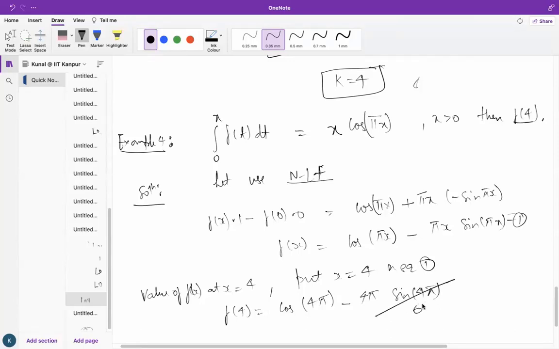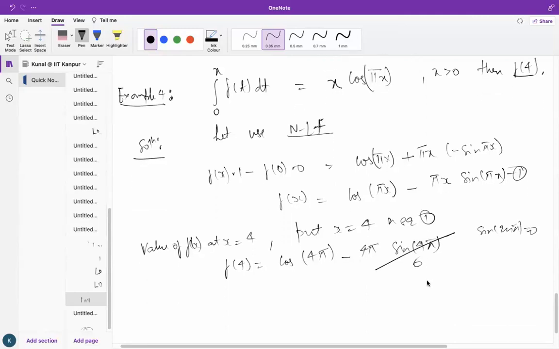This term is 0 because sine of 2n pi is 0, right? But this term, cos 4 pi, is actually 1. So we get f of 4 as 1. I hope you all understand what I did here. It is an easy problem, right? Yeah, it is actually easy.